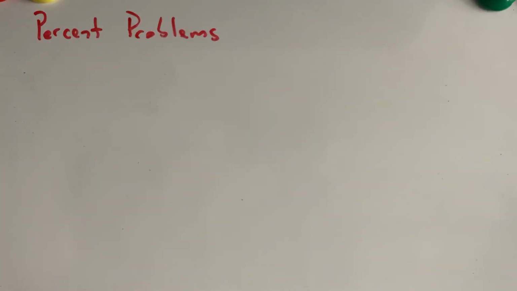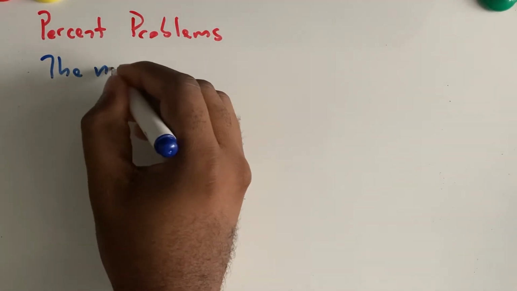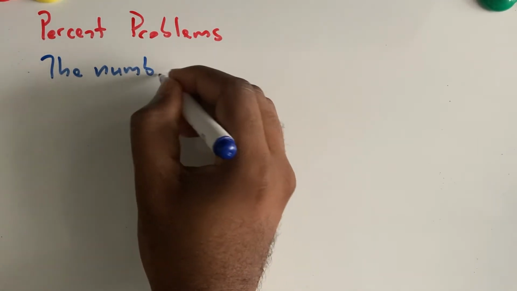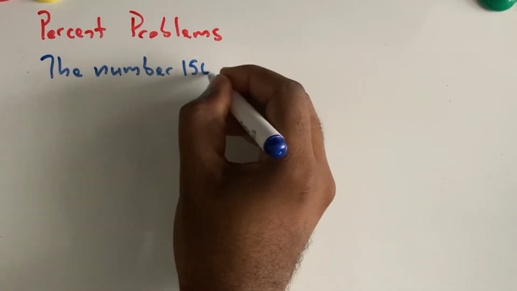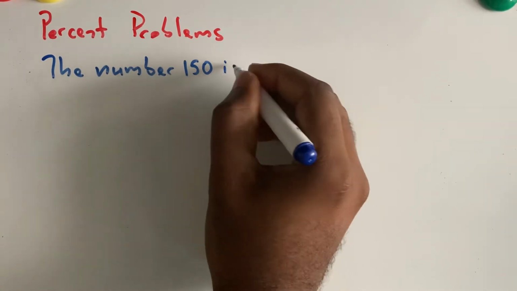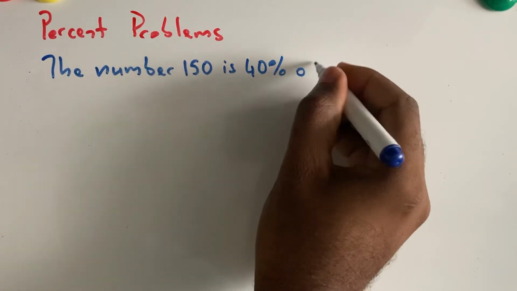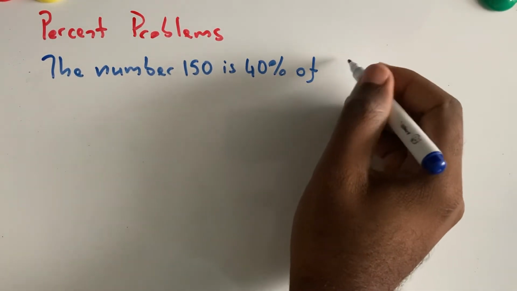All right, let's do the number 150, for example. The number 150 is 40% of what number?